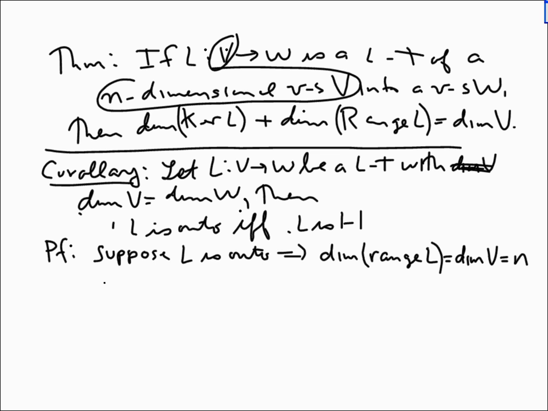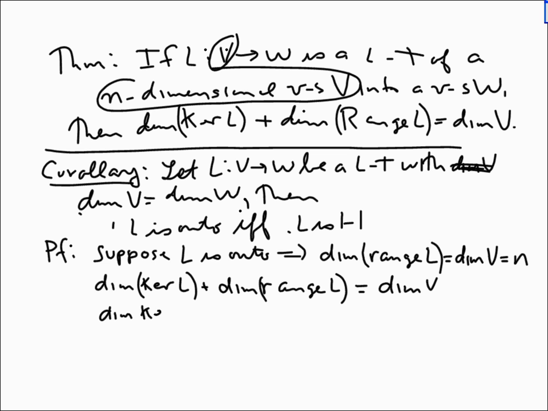Now we know from the theorem above that the dimension of the kernel of L plus the dimension of the range of L is equal to the dimension of V. We don't know the dimension of the kernel of L yet, but we know the dimension of the range of L is n, and the dimension of V is n.